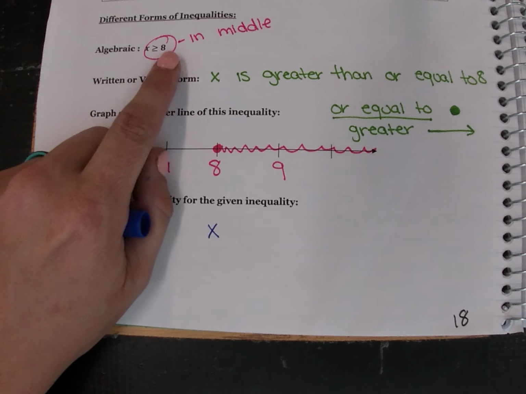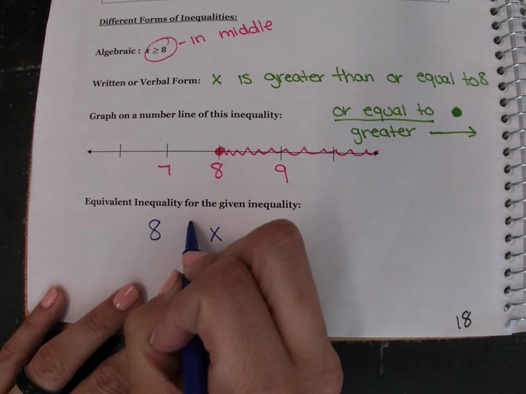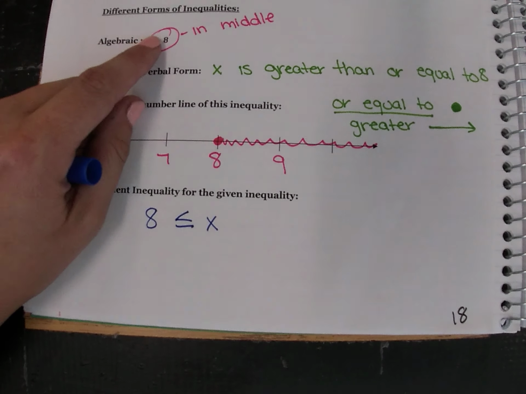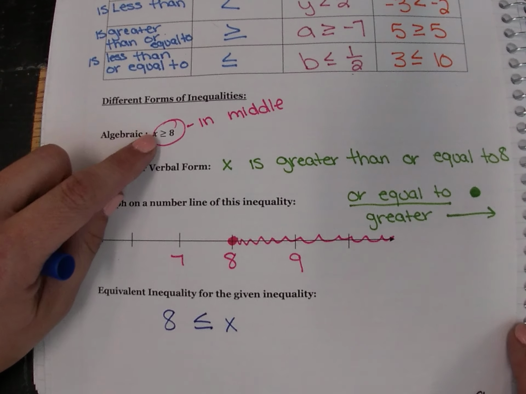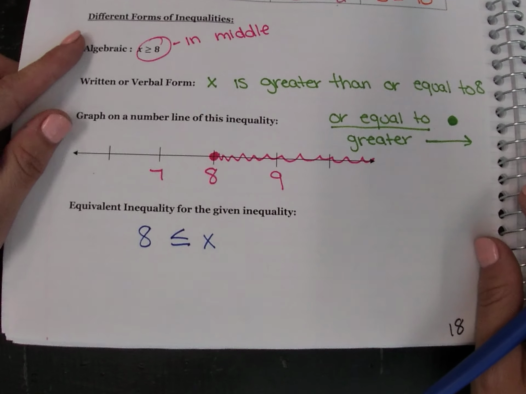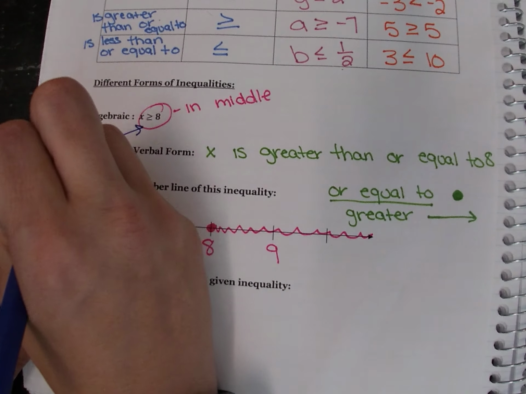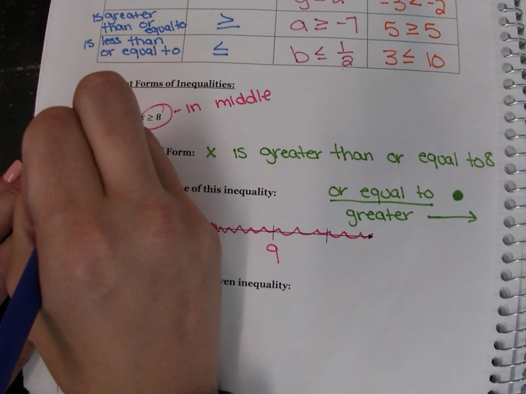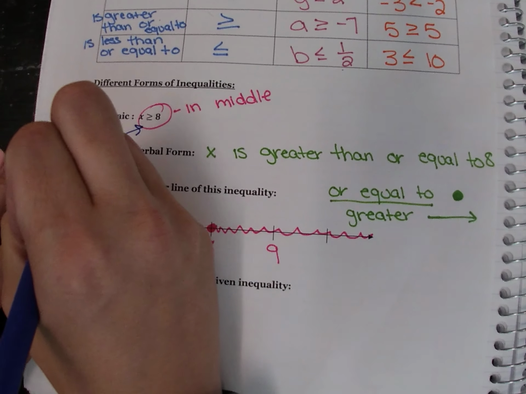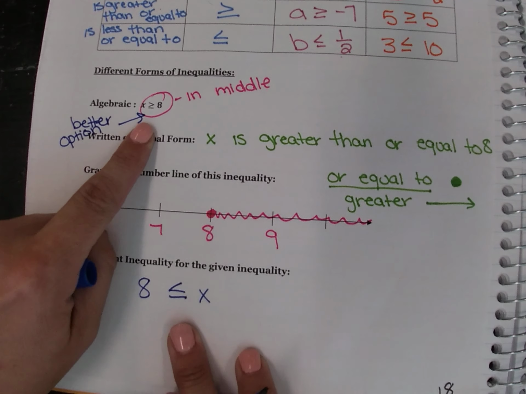The x was larger, the 8 was smaller. So I still need to represent that same thing by showing which one is larger. You always want the inequality to be opening towards the same thing it was opening towards before. Now, this is the better option of how to write it. That variable being first is the better option, but these two are the exact same thing. They mean the same thing.